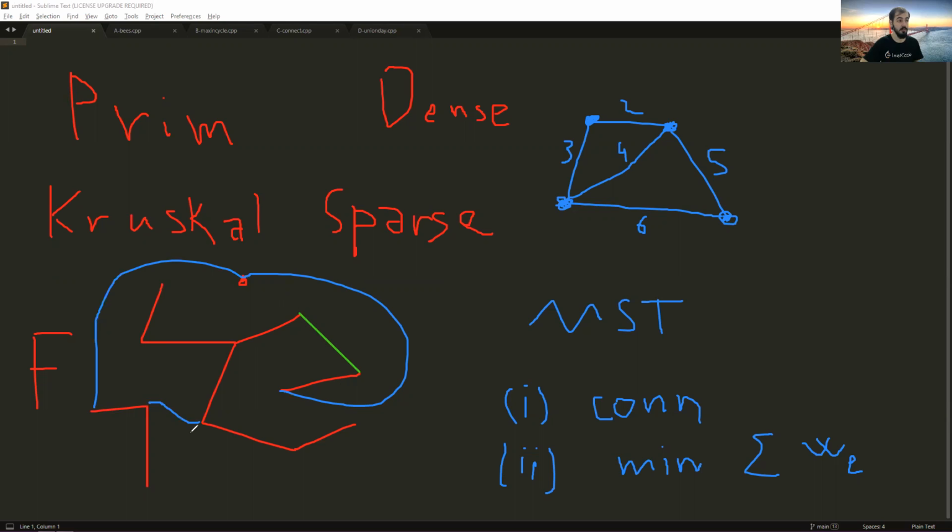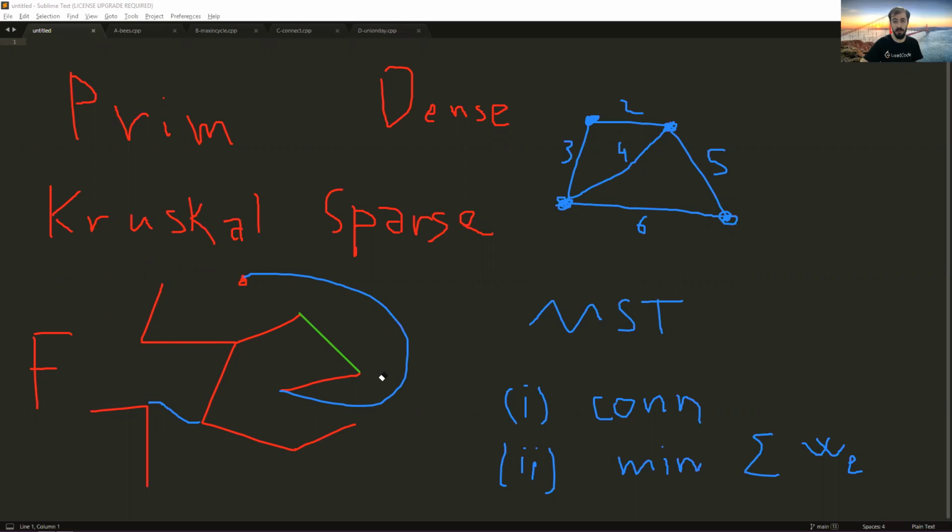We have a cycle, and we can drop any of the blue edges, right? There is a blue edge in this cycle because these endpoints of the green edge have to be connected, and they were not connected in the red graph. So we can take any of the blue edges, remove it, and add green edge to MST.